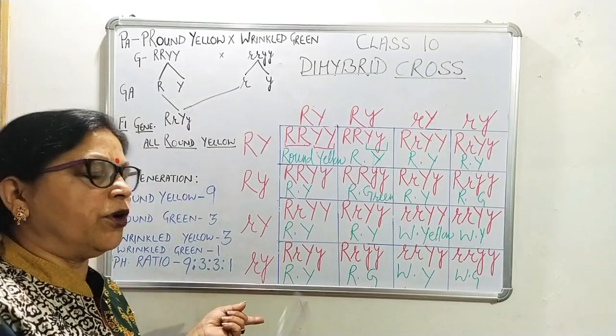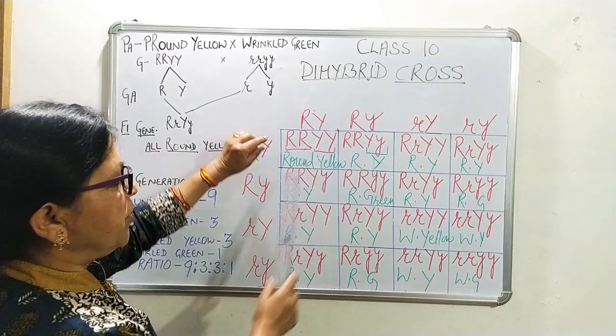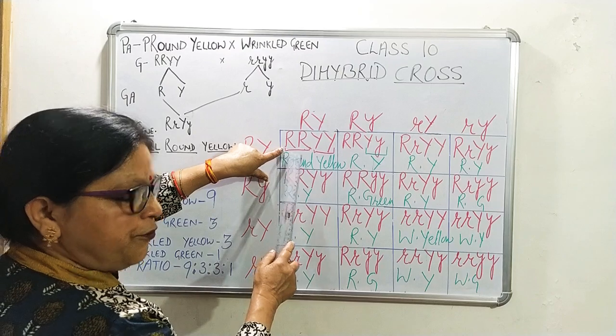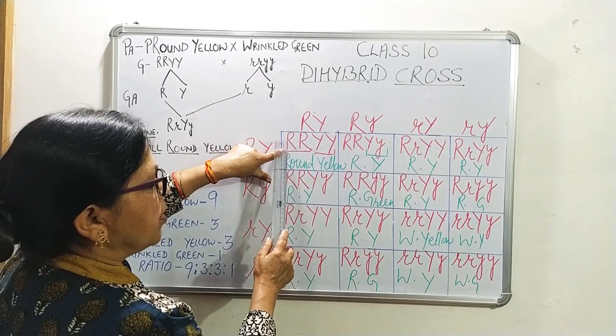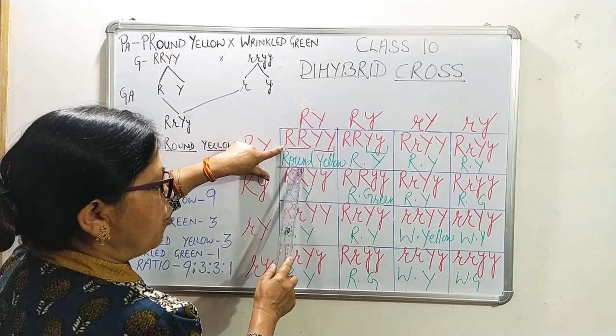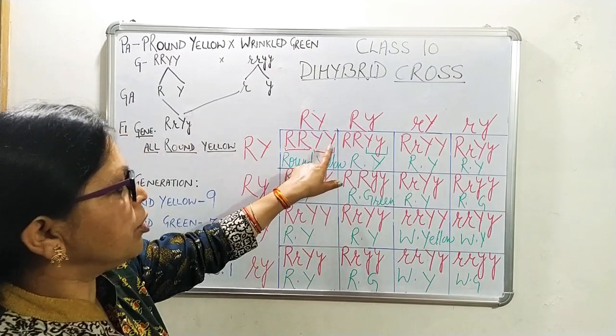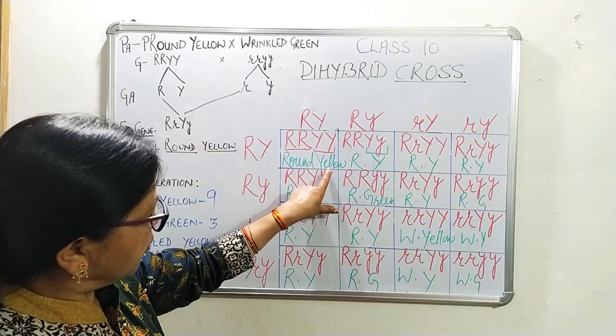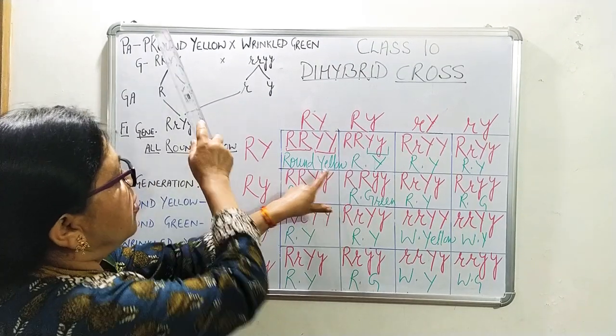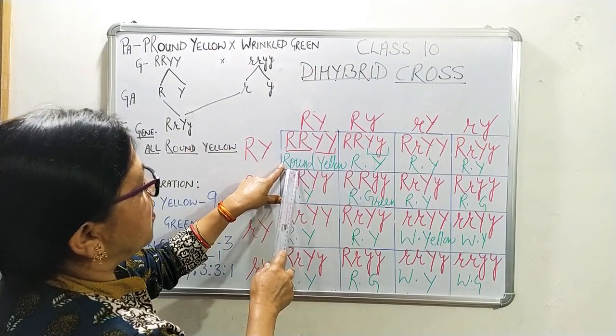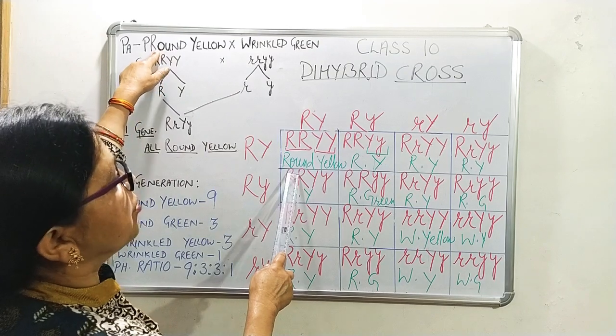Now, how to write the phenotype? This is all genotype. For writing phenotype, take two factors together. Capital R, round. Capital Y, yellow. If both are capital, it will be showing the dominant trait.